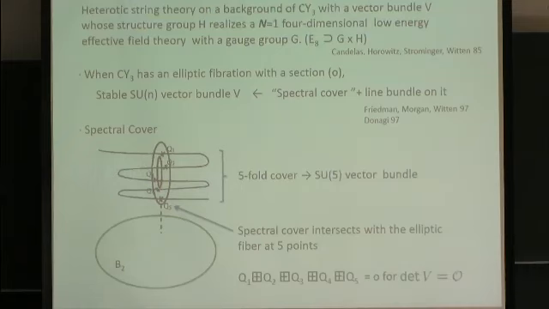If we want to consider an SU(5) gauge group, then we turn on some SU(5) vector bundle. Then we need a 5-fold cover over the base manifold, and this 5-fold cover intersects the elliptic fibration at 5 points. In order to ensure the specialness of the unitary group, the group sum of these 5 points should correspond to the zero section of the elliptic fibration.